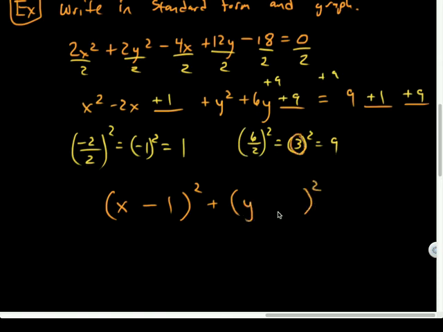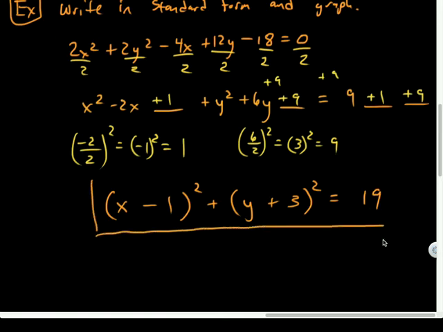Y plus 3. Okay, so it's not terrible. You just kind of have to know how to complete the square. And then let's see, 9 plus 1 is 10, plus 9 is 19. And hey, we're actually in standard form. We did it. So let's see if we can gather meaning from this.